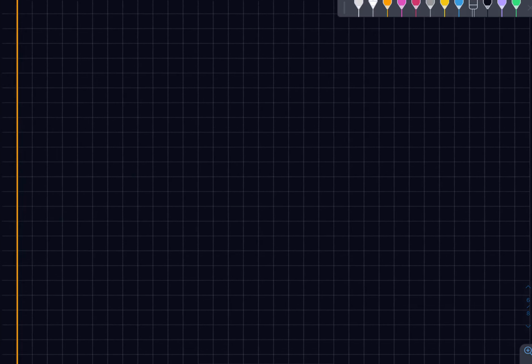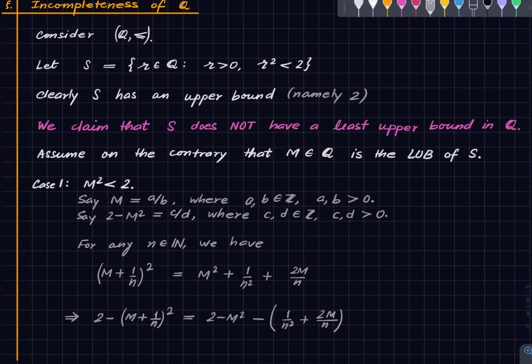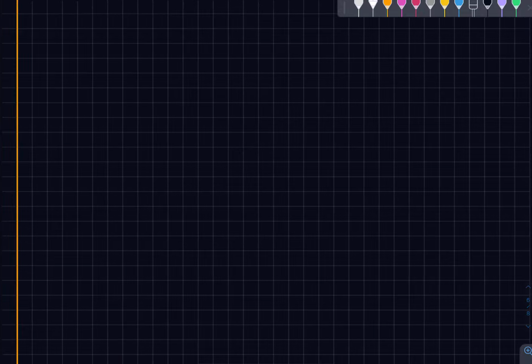So what we have is, we will write C by D for 2 minus M square, and for M we'll write A by B. So what we get is 2 minus that, which is equal to 2A by B times n.